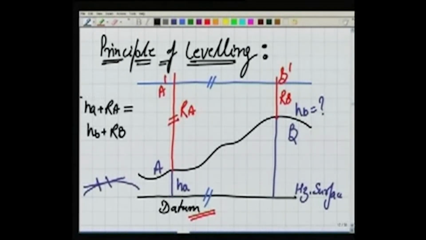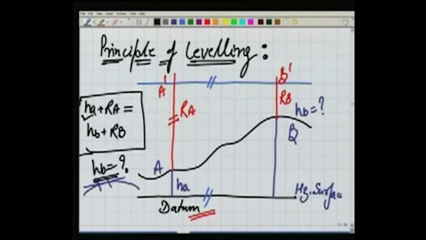Now using this relationship, you can very well determine the elevation HB, because the only unknown here is HB. HA you are determining somehow, and RA and RB you are also determining somehow. So you can now determine HB. So this is actually the basic principle of leveling. Whenever we do the leveling, as you will see now, we will be making use of this principle.